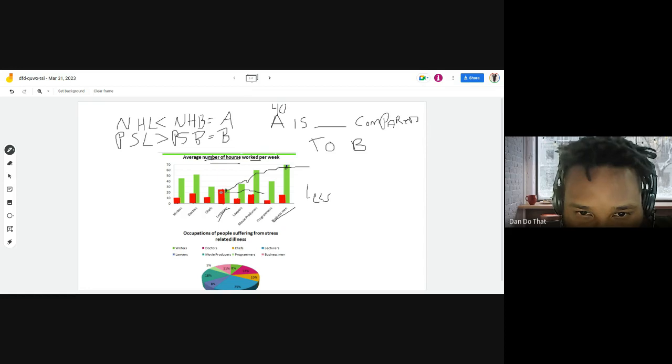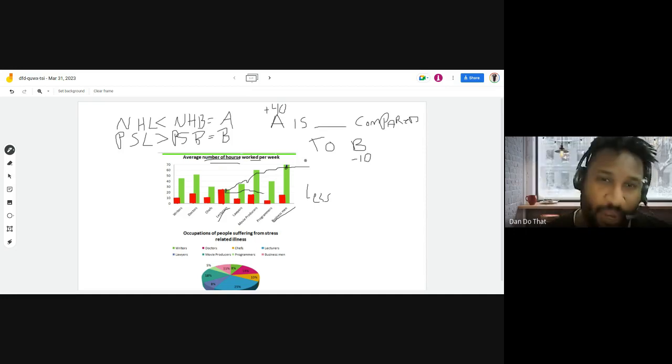How much is B? B is 25 to, is that like 15? 25 to 15. So this one is plus 40, and this one is minus 10. All right, so they're not quite opposites. They go in the opposite direction. You could say that.